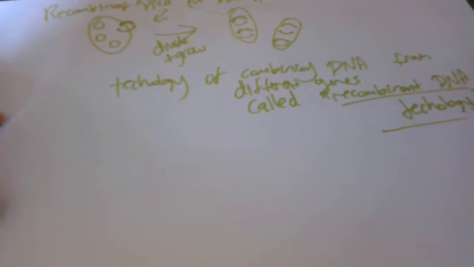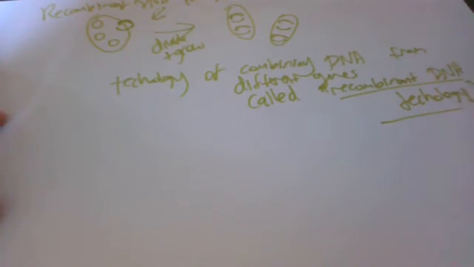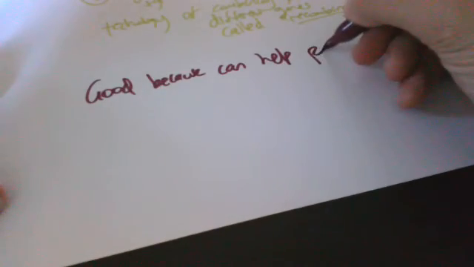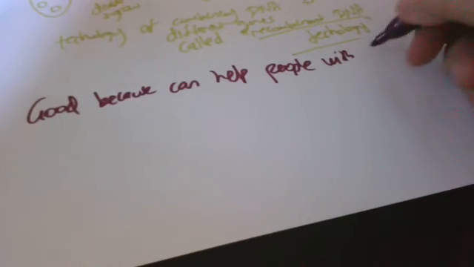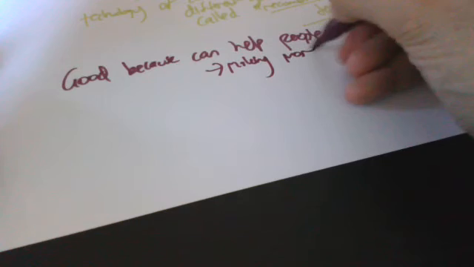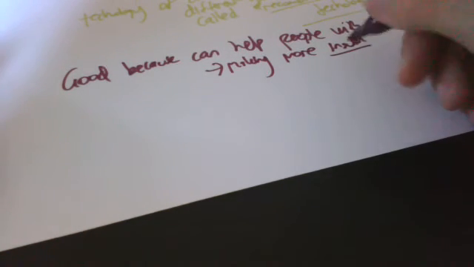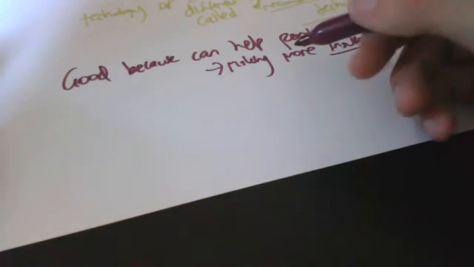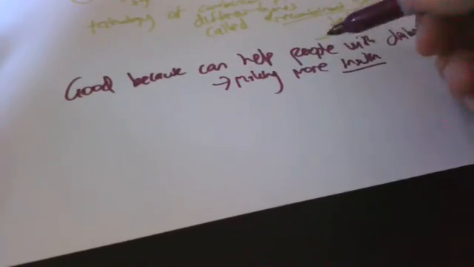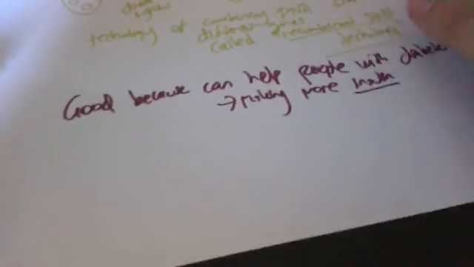Because it can help people with diabetes by generating more insulin, for example, right? Insulin is used to combat diabetes, blood sugar. Basically, nearly all insulin used by diabetics in Australia is now made by this method, recombinant DNA technology. Almost all of the insulin used by diabetics in Australia is made by this process.